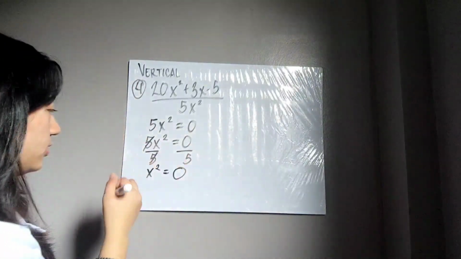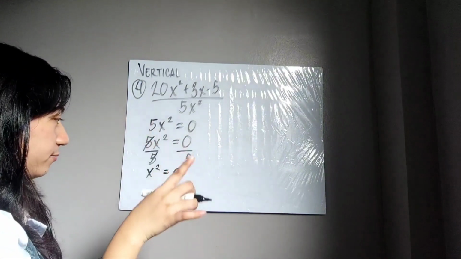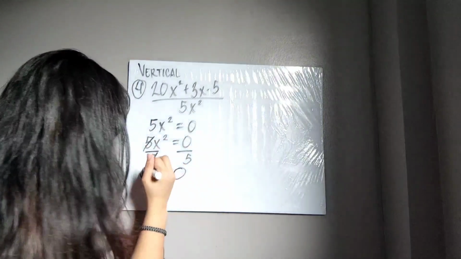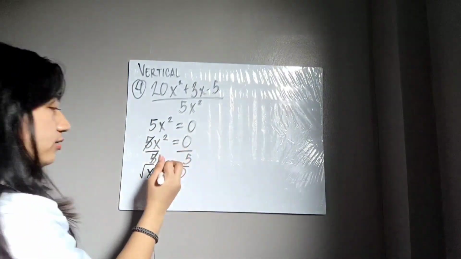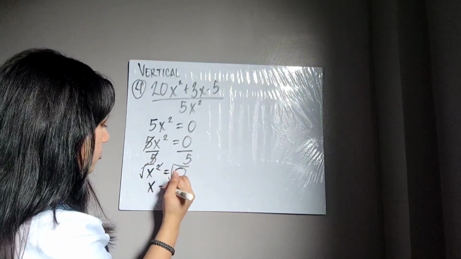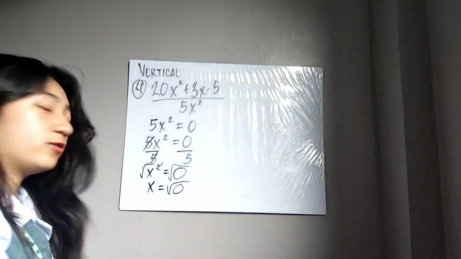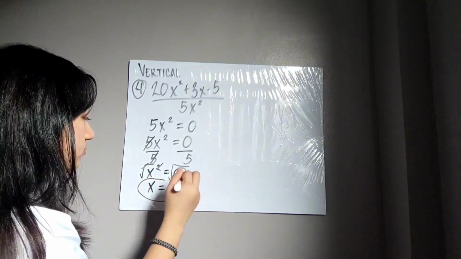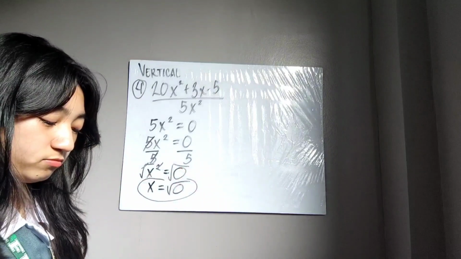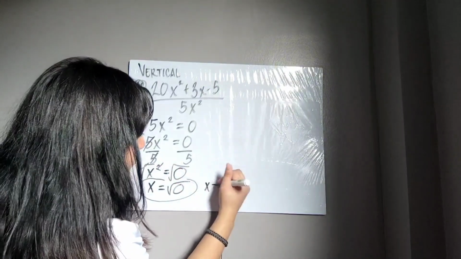Tatanggalin natin yung squared gamit ang square root, and maka-cancel, matitira si x. So, answer is x equals 0. Zero pa rin siya kahit squared.